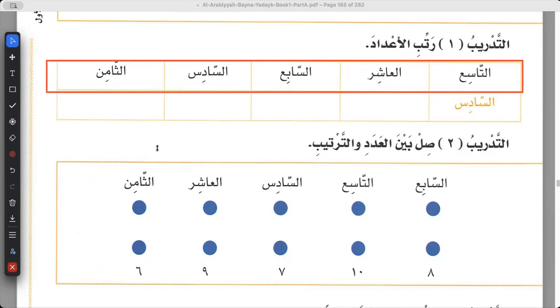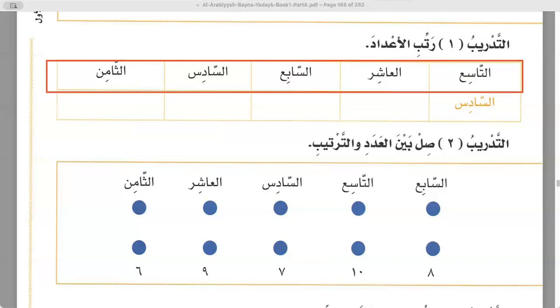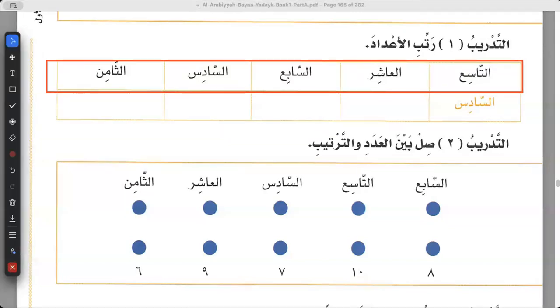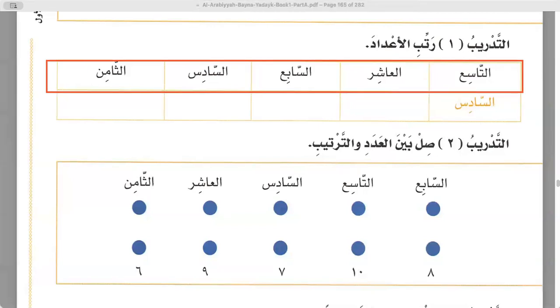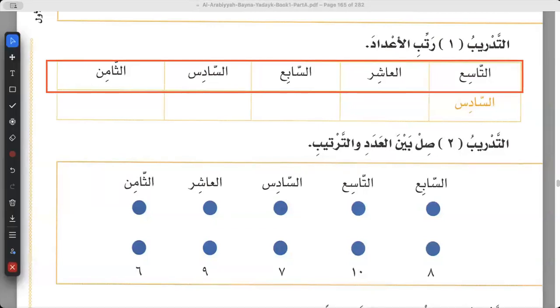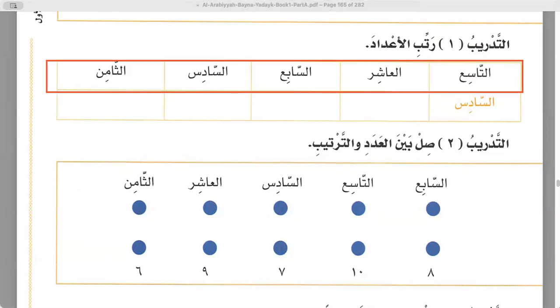Then what will be the next after Athamin? At-Tasir. Barakallahu fi. After At-Tasir, Al-Ashir.